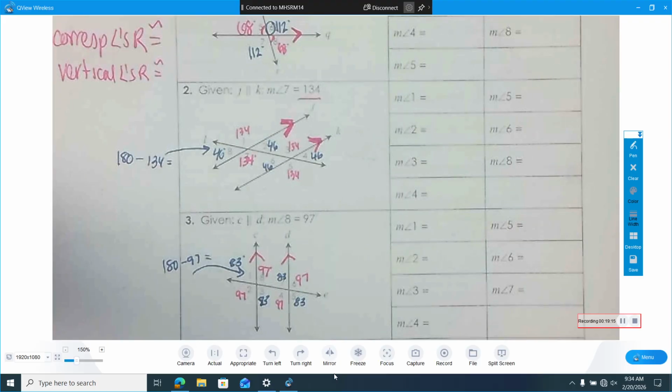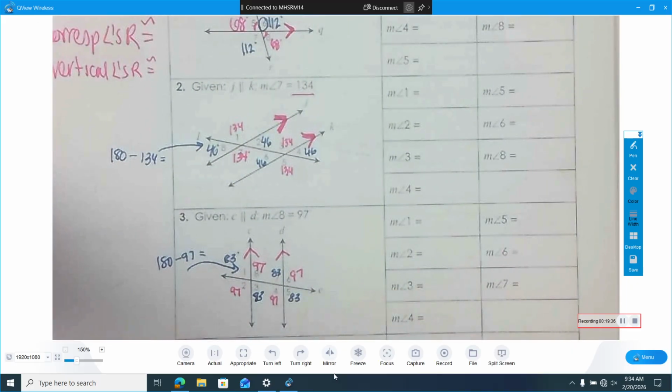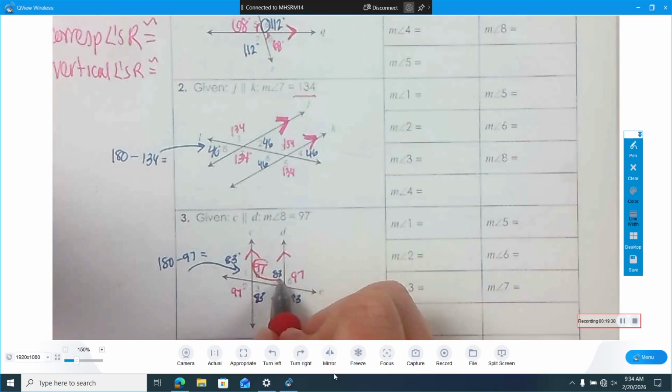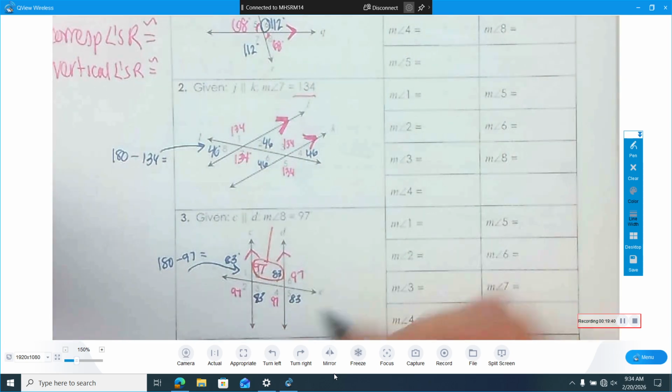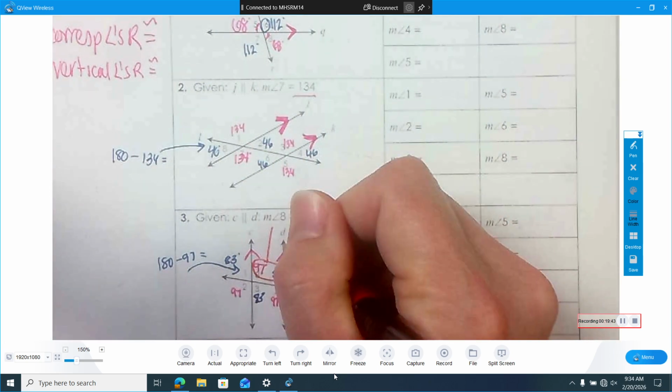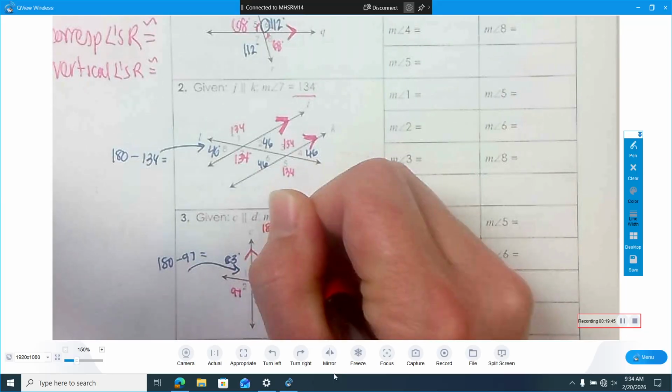Okay. So, did you get 46 and 134s across the board? Yeah? Okay. And then did you get 83s and 97s across the board? Okay. Super easy to fill in these pictures, I think. And you'll notice here that when we add our consecutive interior angles, 97 plus 83 is 180 degrees.